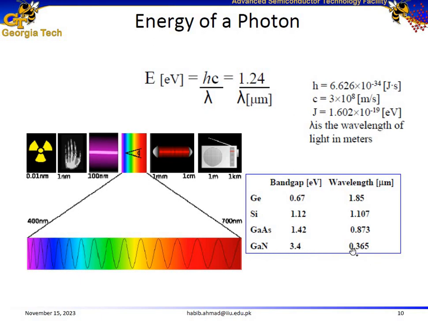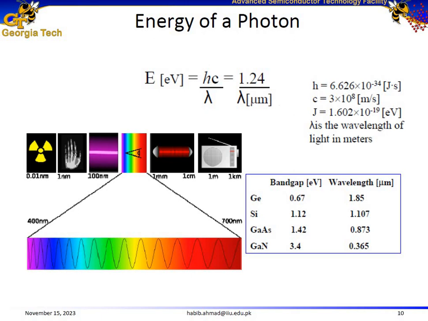Similarly, for gallium nitride, any wavelength above 365 nanometers would not result in the generation of electron-hole pairs. So, the upper cutoff wavelength for these solar cells and photodetectors based on these semiconductor materials is determined from this simple formula. How about the lower cutoff wavelength?